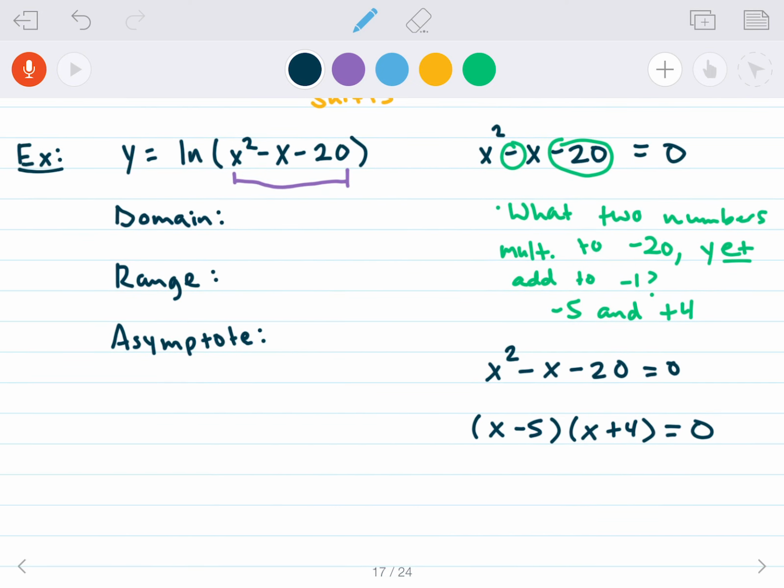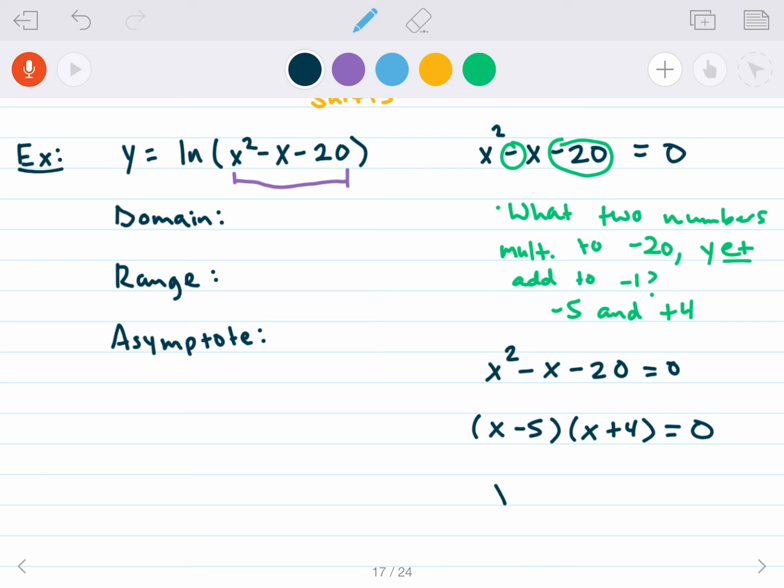And we want to be careful here because when we set these factors equal to 0, we're going to get key points that we need to test, okay? Because when you're dealing with quadratics, some weird things go on and you get extraneous solutions. So we want to just test these points starting out.